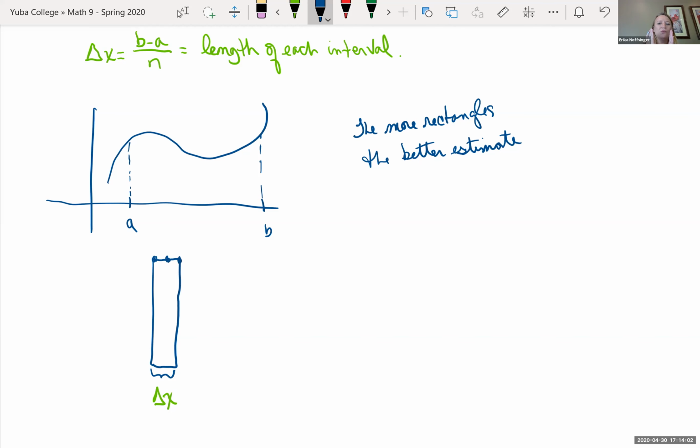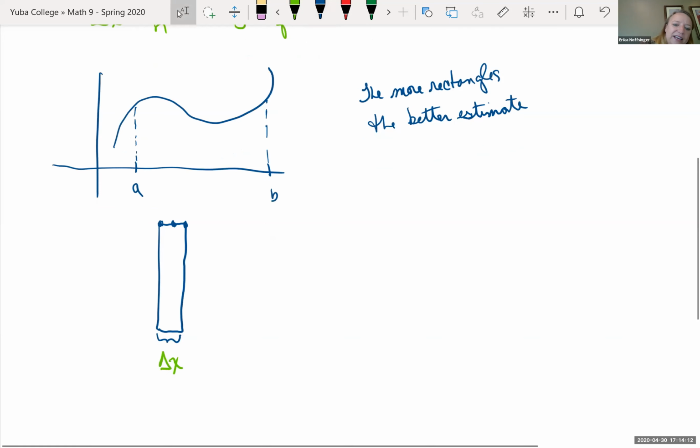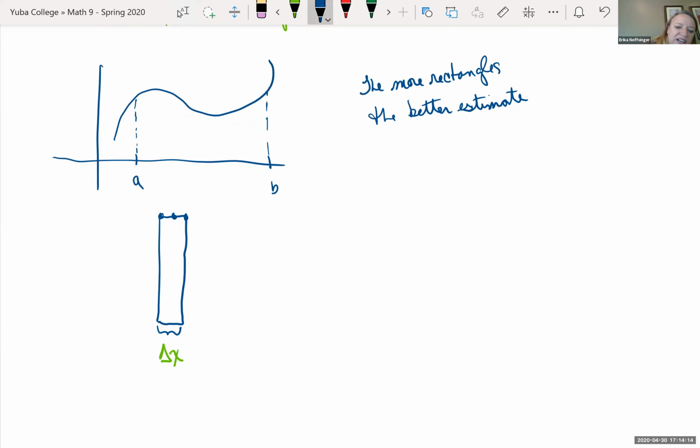But if you're getting those rectangles infinitely closer together, it really doesn't matter where you're choosing that value. We can choose technically any value in between this rectangle to get the height of that rectangle.